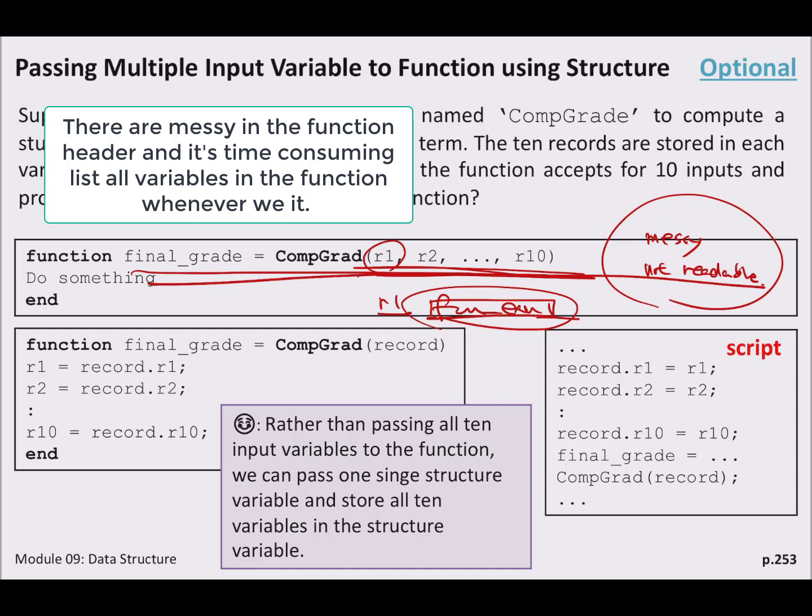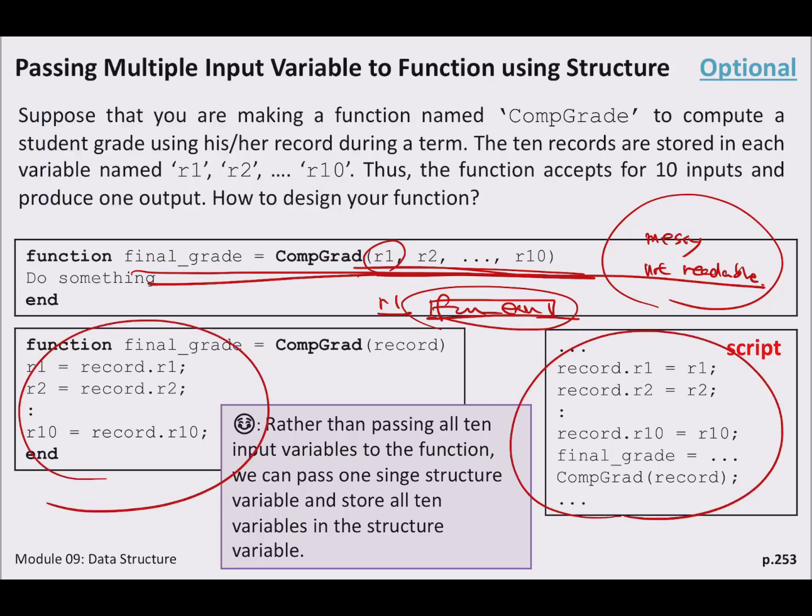A structure variable is simply grouping your input variables. So like this one, you are putting in this script part. Rather than passing all 10 values, you store these values in your record structure variable.